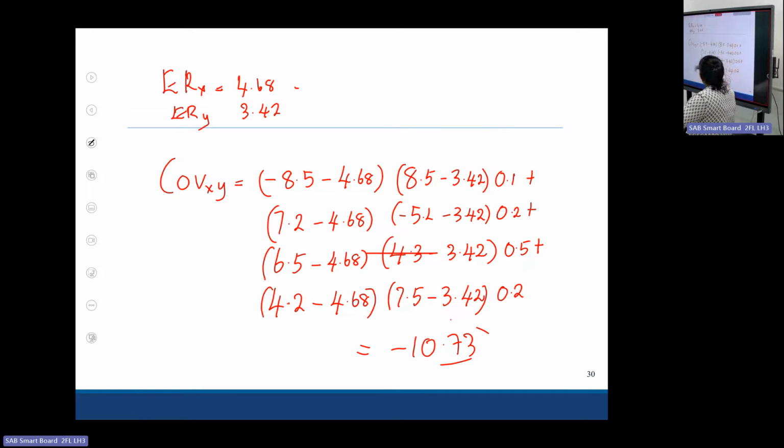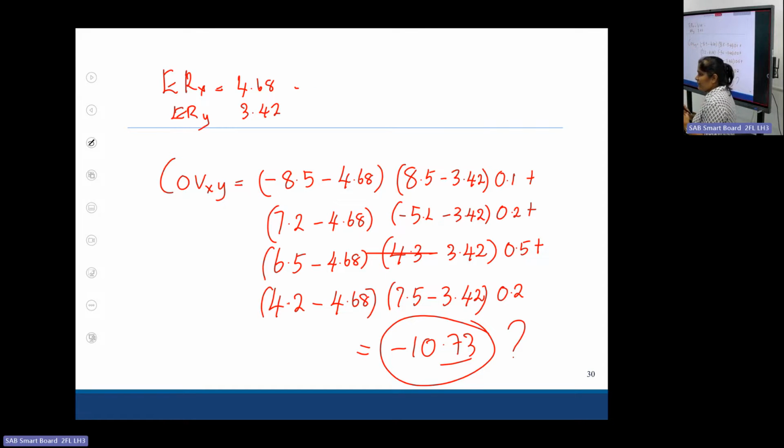But the problem with this covariance is, yes, you can say they are moving in the opposite direction only. But you cannot tell, when X is increasing by 1%, by how much does Y move? That is the problem with the covariance.